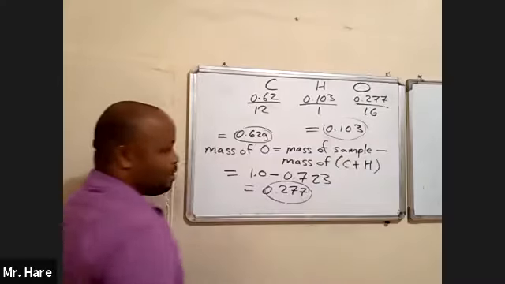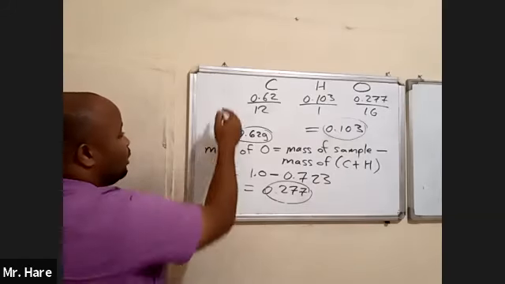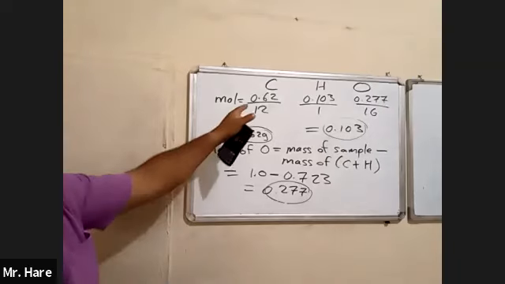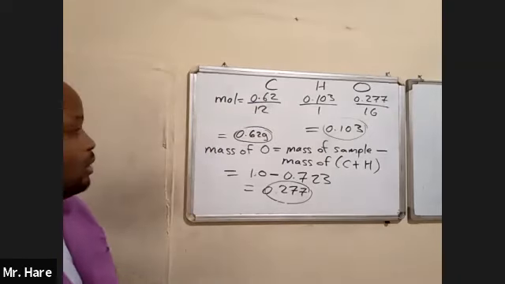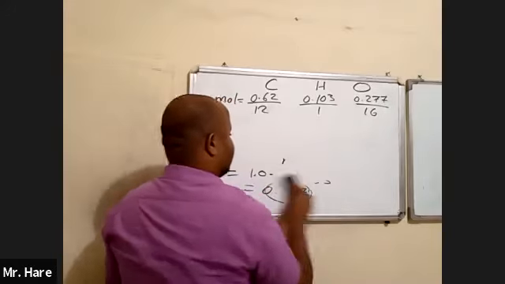So the first step in actually calculating our empirical formula is to calculate the moles of each of our elements. Remember, mole is mass divided by molar mass. We wouldn't use the RMM, which is 58, not yet.